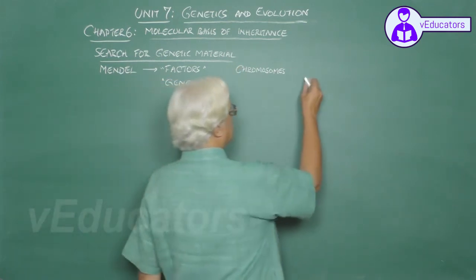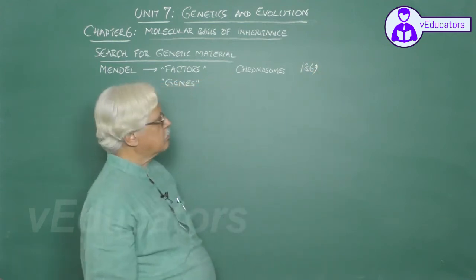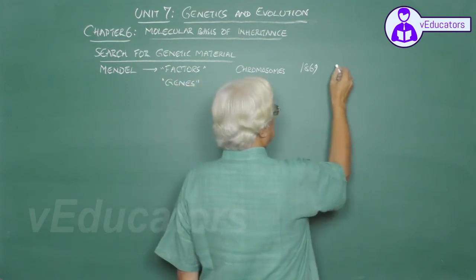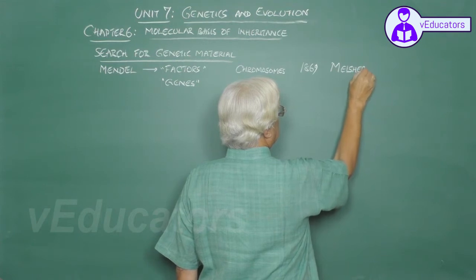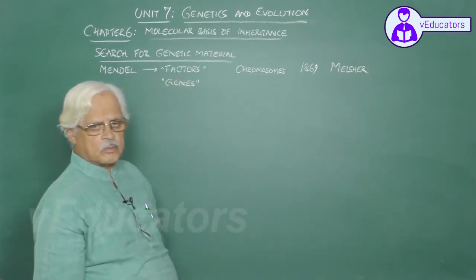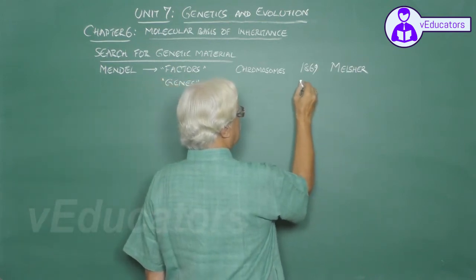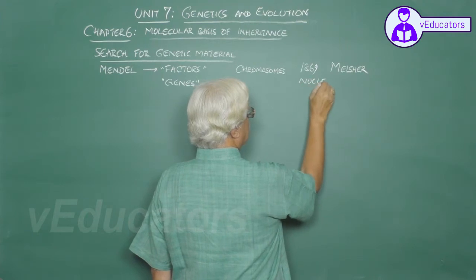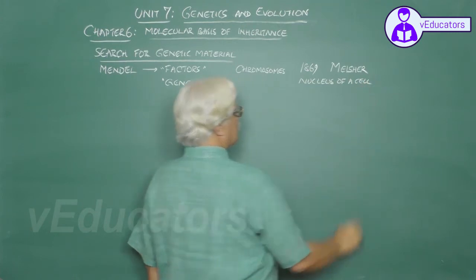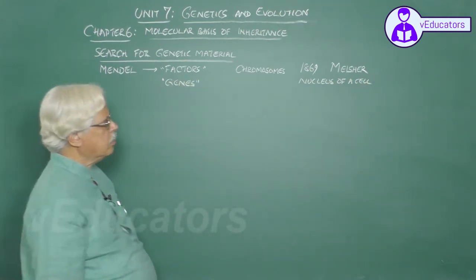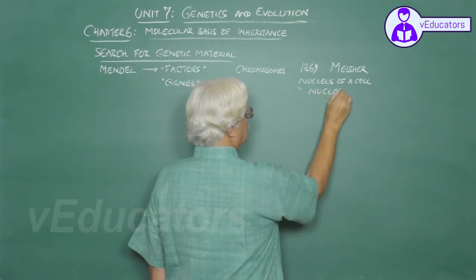In 1869, a German biologist by name Miescher extracted a chemical substance from the nucleus of a cell and named it nuclein.